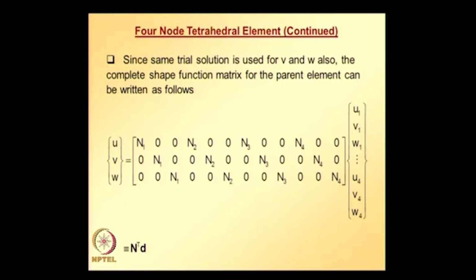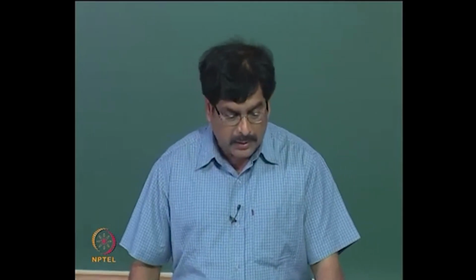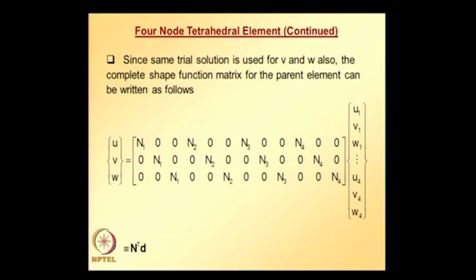Putting all these together in a matrix and vector form, we can write like this, where N transpose is a matrix comprising finite element shape functions of all the 4 nodes of this tetrahedral element, and d is the vector consisting of nodal displacements, all the 3 components of displacements at each node for all the 4 nodes.